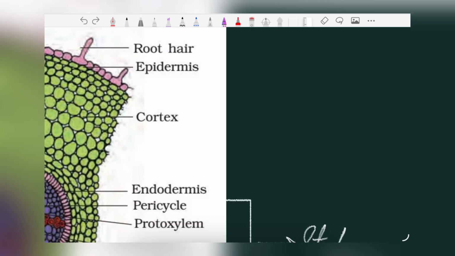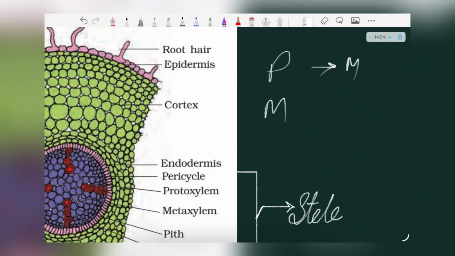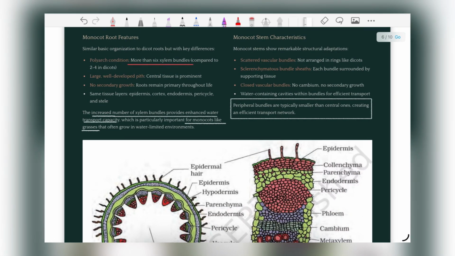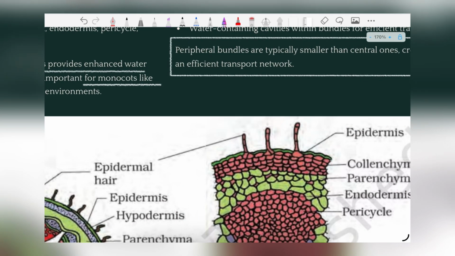You can learn it like this. In roots, proto is towards the outside, and here in the monocot roots, protoxylem is towards the proto, like primitive, originating, and metaxylem is towards the medullary.